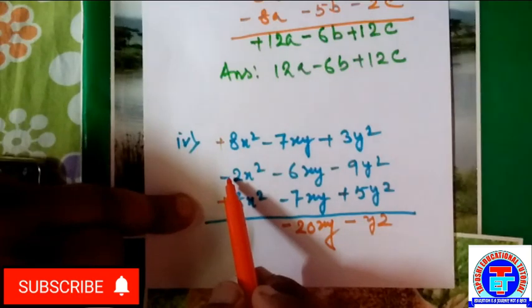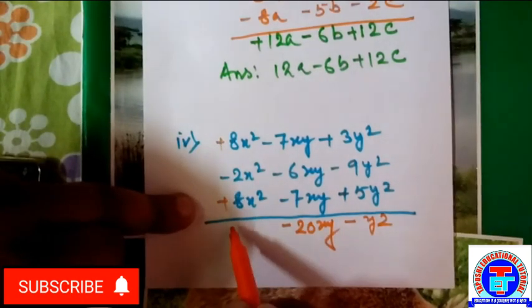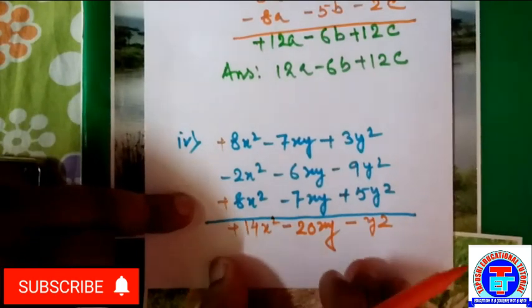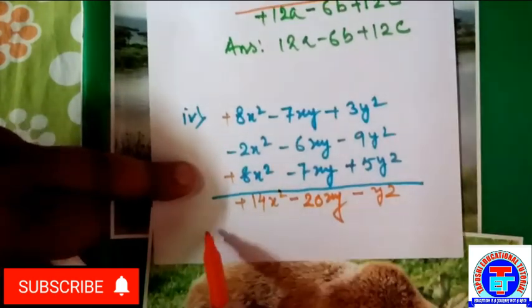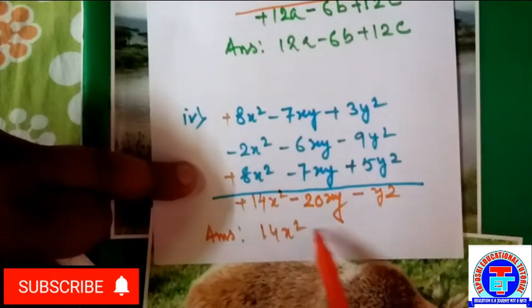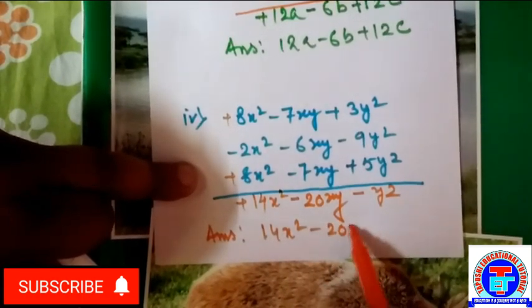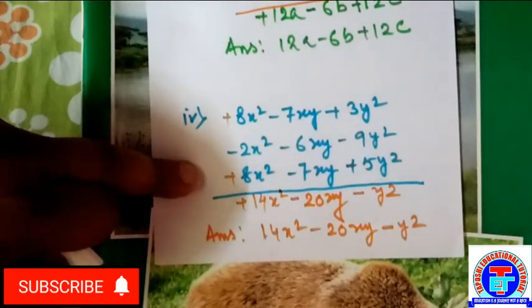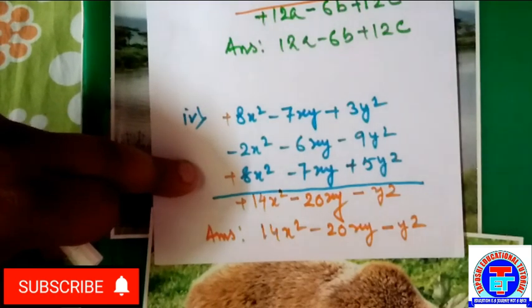Now we take 2x square, then it becomes plus 14 x square. So the answer will be 14 x square minus 20xy minus y square. I hope you understand well.